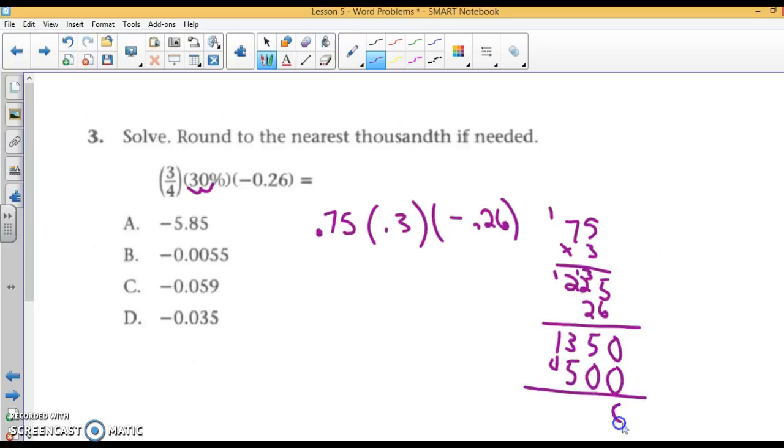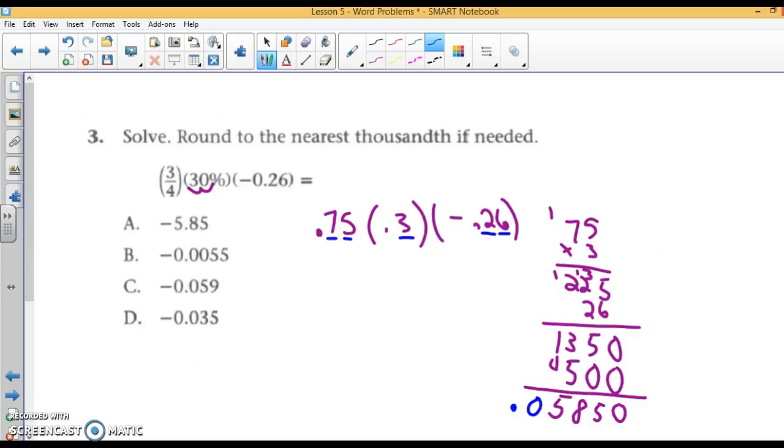Now I'm going to add. Now, how many decimal places do I have? 1, 2, 3, 4, 5. So I'm going to start here. 1, 2, 3, 4, 5. I'm going to put my decimal place. Now, the question is, that answer is not there.